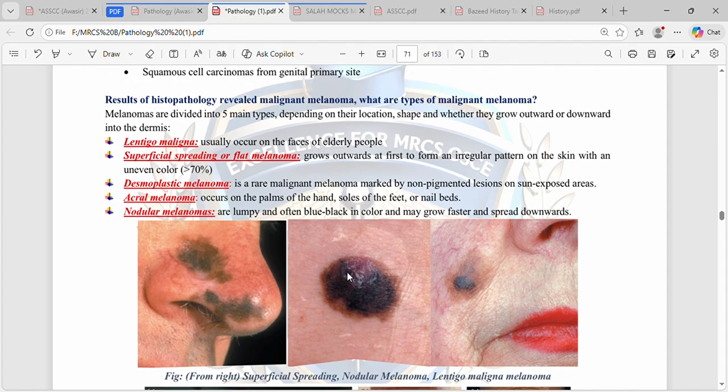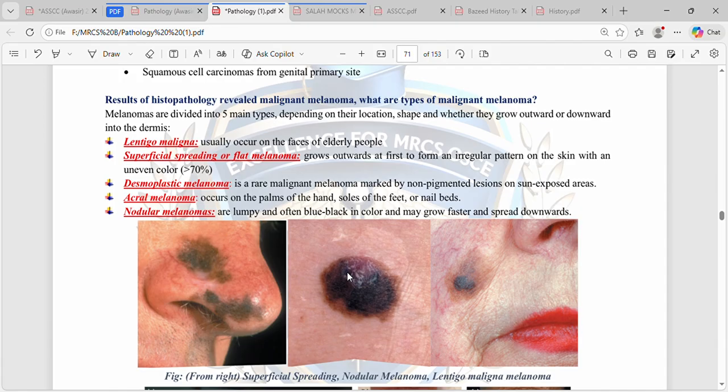What are the types of malignant melanoma? Malignant melanomas are divided into 5 main types depending on their location, shape, and whether they grow outward or downward into the dermis. Lentigo maligna usually occurs on the faces of elderly people.